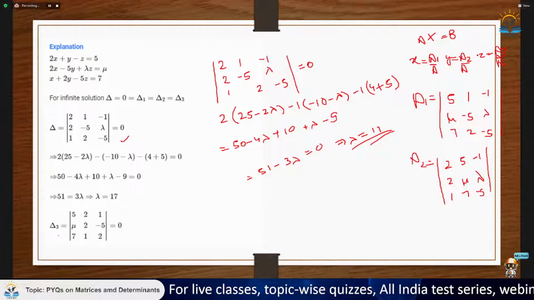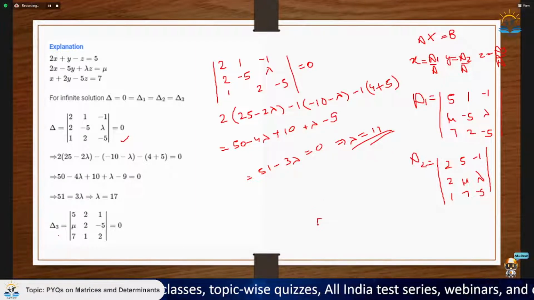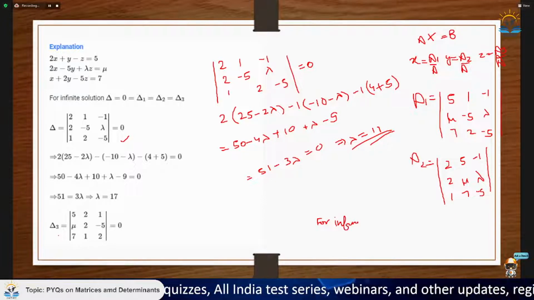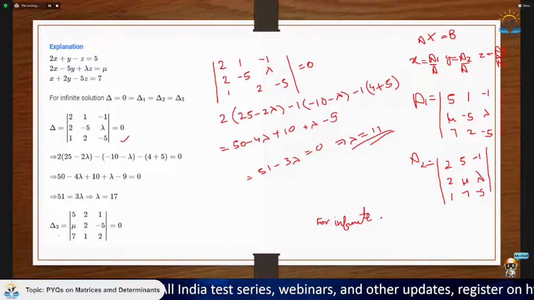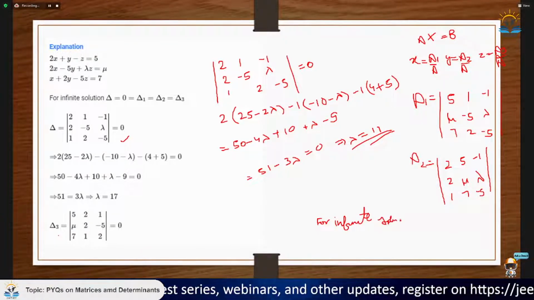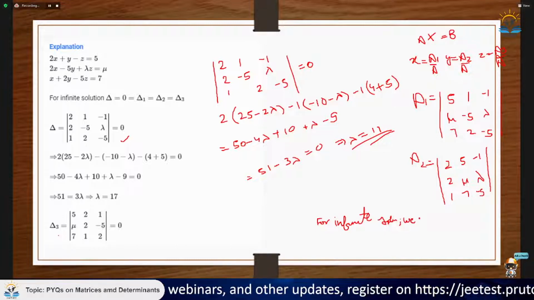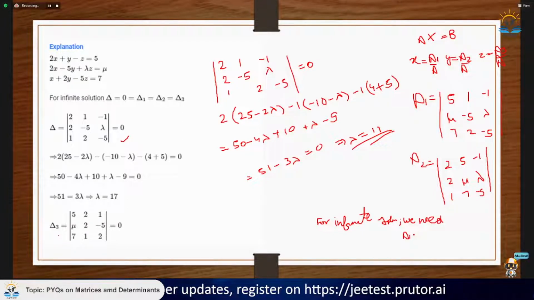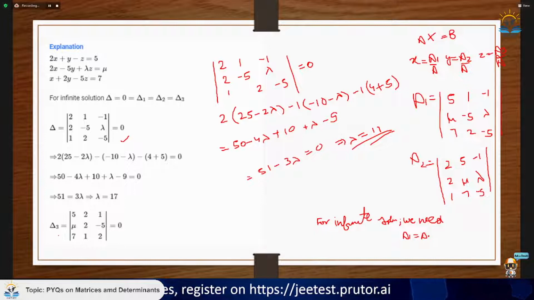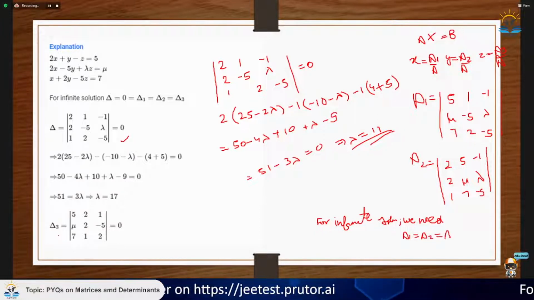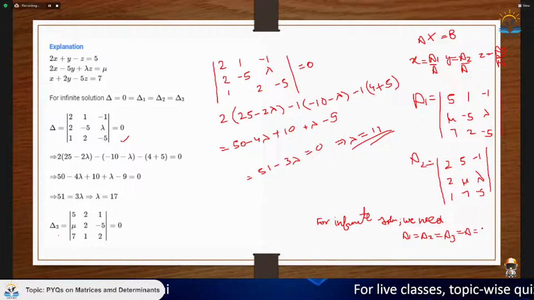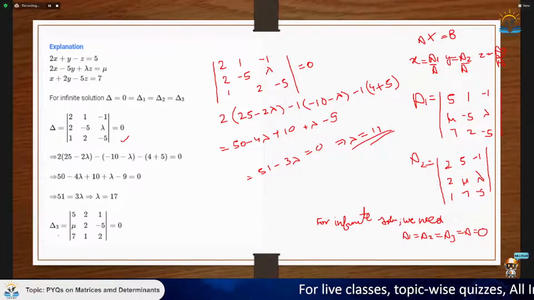So for infinite solutions, we need A1 equal to A2 equal to A3 equal to A, which should be equal to 0. If all these four quantities are 0, then only I can say that I will get infinite number of solutions.